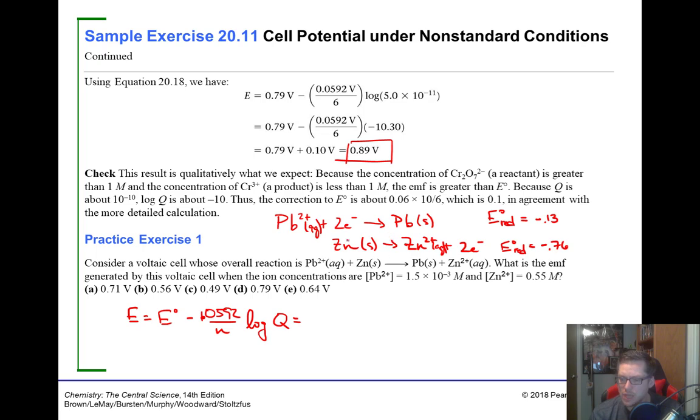We do cathode minus anode, reduction minus oxidation, and the lead is being reduced, so it would be negative 0.13 minus a negative 0.76.